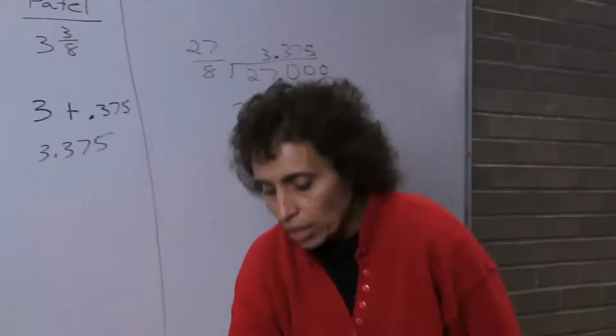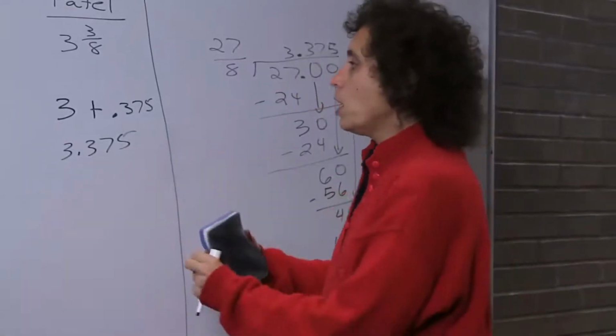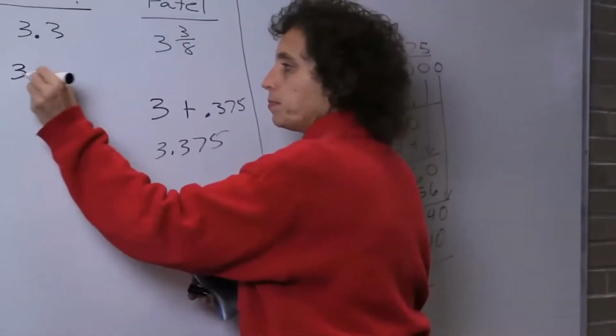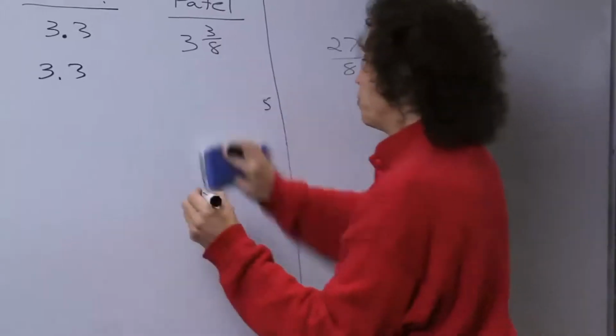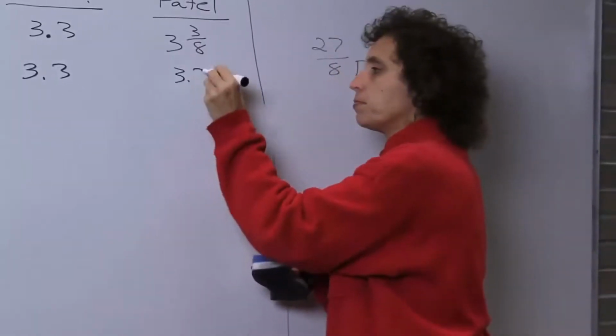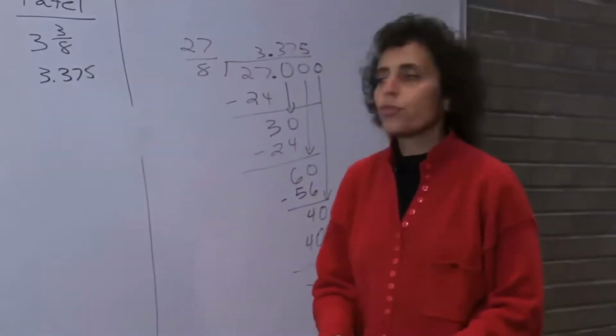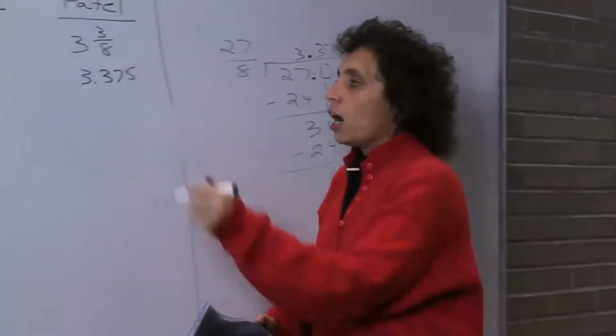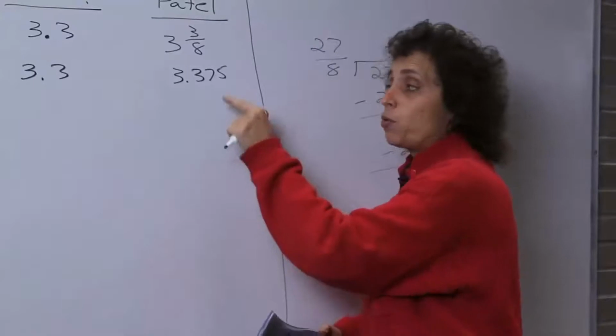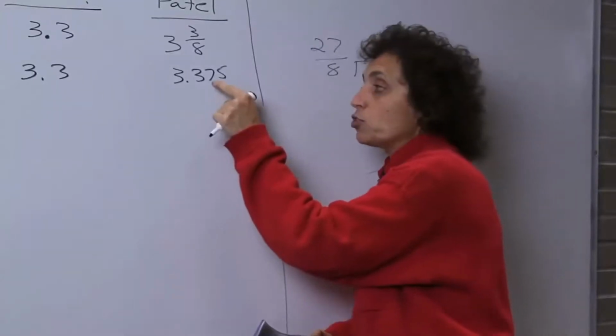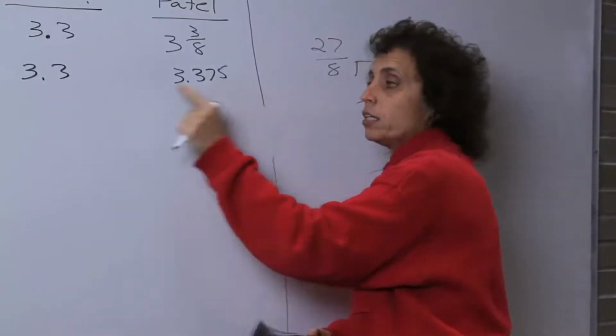Okay, so let's take a look at this. This is 3.3, and this is 3.375. We are comparing these decimals. Well, 3.3, if I'm going to compare, remember what we did before. We want them to have the same number of decimals. So there's 1, 2, 3. Here there's only 1.